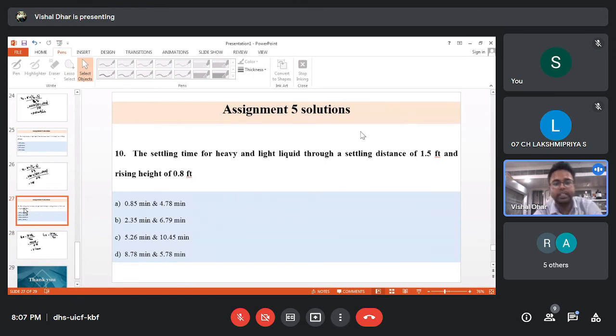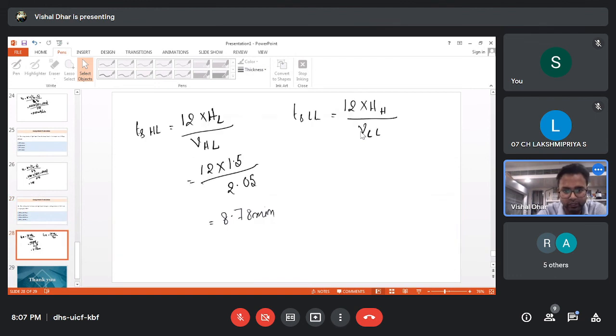See, for the light liquid we take the rising height, and for the heavy liquid, oil or water, we take the settling distance, as the water droplets or oil droplets settle while the gas goes up, evaporating from the oil surface. So while calculating for light liquids we take the rising height, and for heavy liquids we take the settling distance.